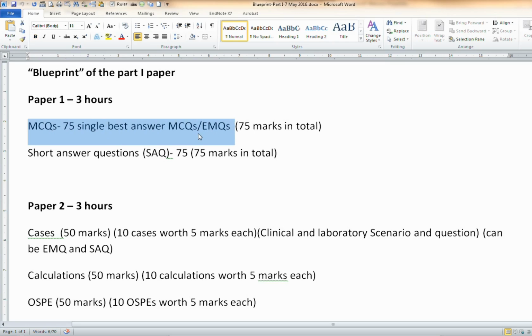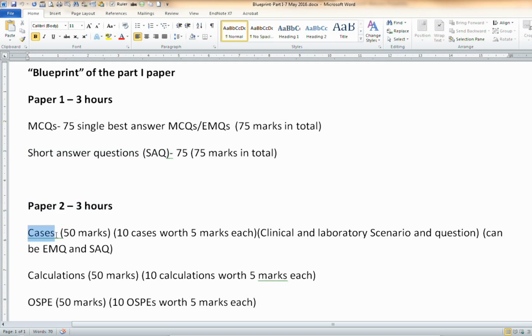And we will discuss examples of those later on. And that will be 75 marks in total. And then you will have short answer questions, and we'll see examples of those later on, and that will be 75 marks in total.